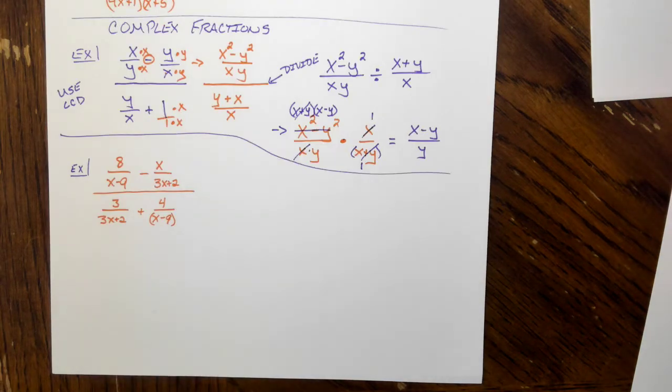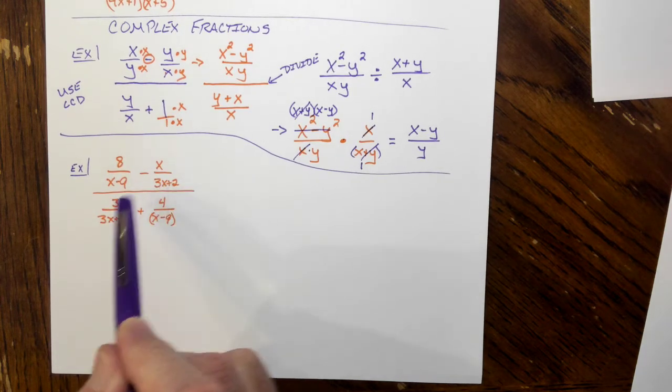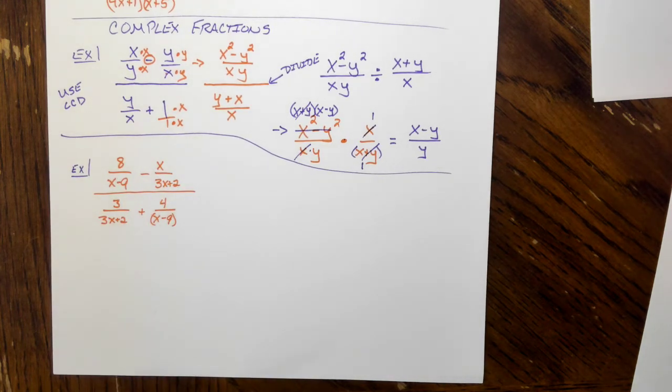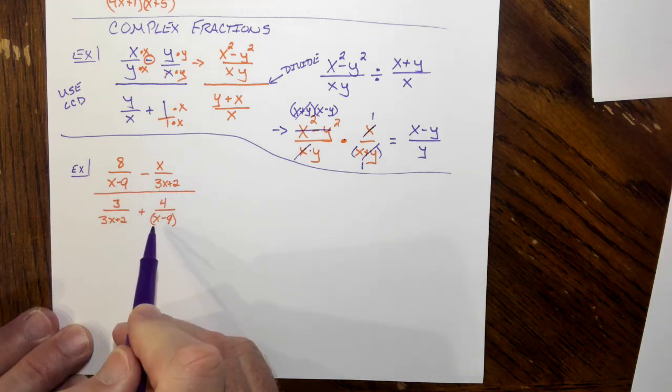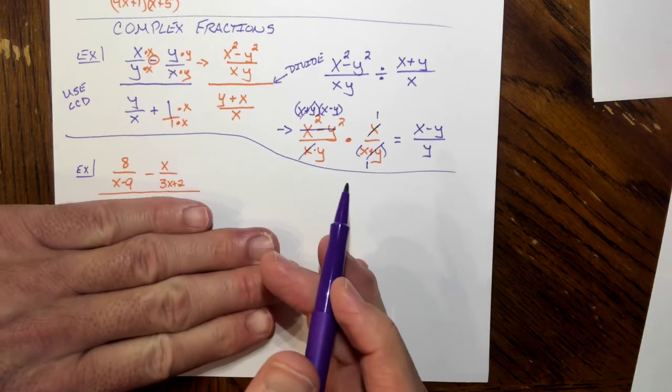All right, our last example, we have this setup. Again, complex fraction. Hopefully you can see that I can't factor this, I can't factor that. Okay. Just focus on one part at a time.